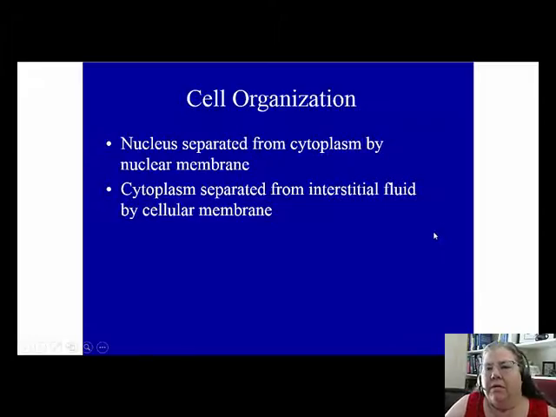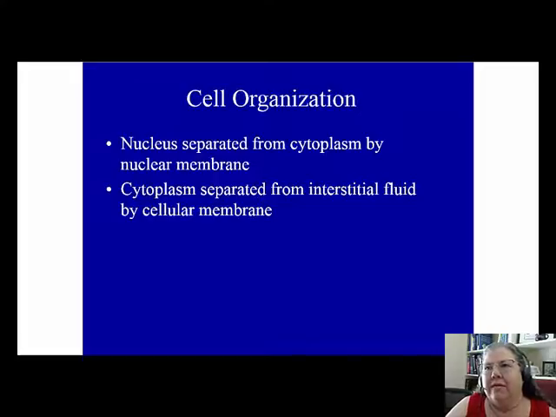You all remember that a cell is the smallest unit of life within an organism, that the cell consists of its internal contents, cytoplasm and organelles, that are bound on the exterior surface by a nuclear membrane.